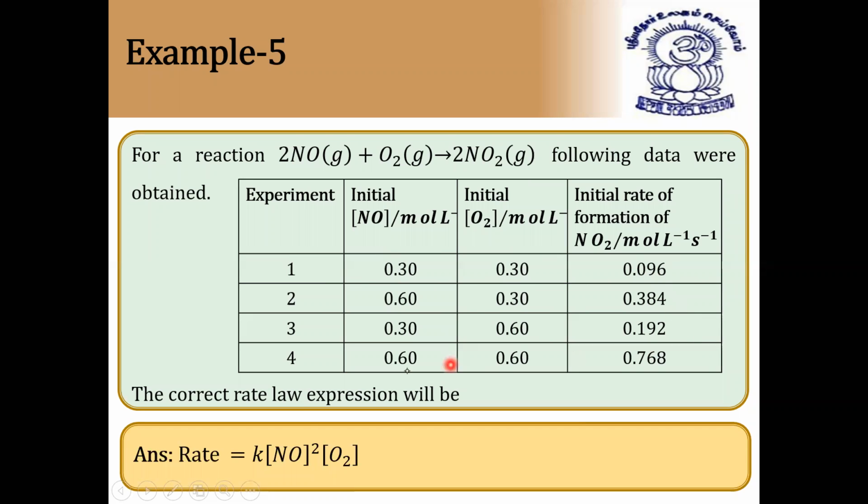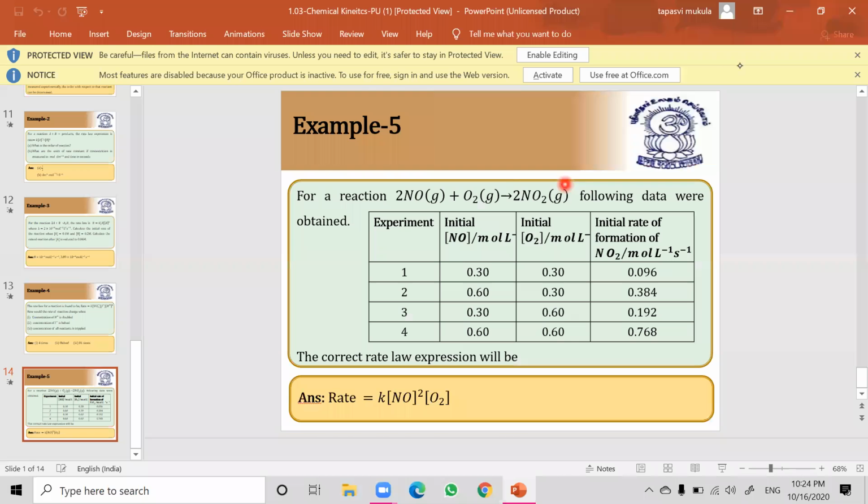It is 2 times. So rate is equal to K into the concentration of NO taken 2 times into O2. So this is one type of question. Next we are going to discuss another topic in this chapter.